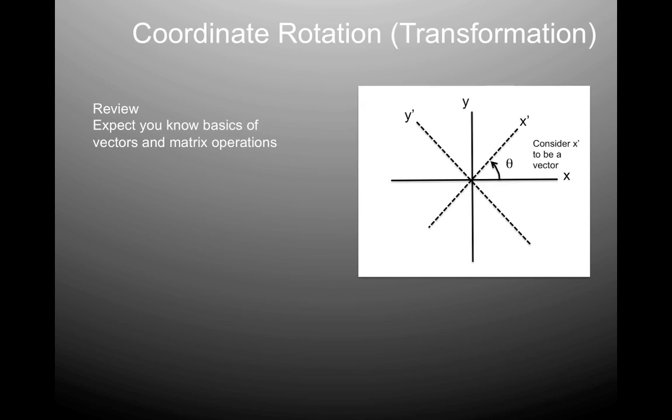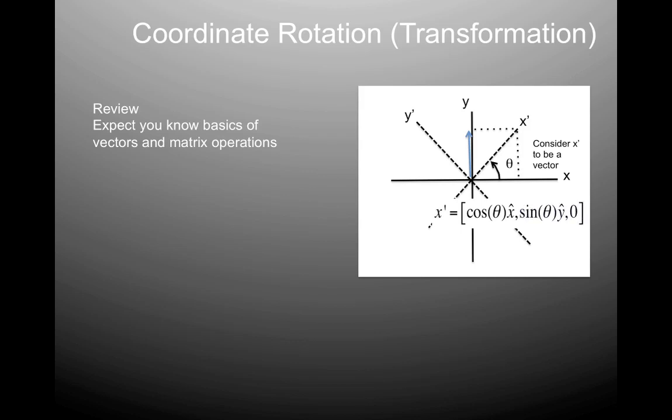We can look at the new x-coordinate as a vector with projections onto the old x, y coordinates as shown, with a projection onto the x-axis, which is the cosine of the angle theta, and a projection on the y-axis, which goes as sine of the angle theta.